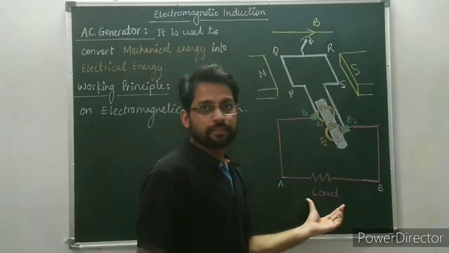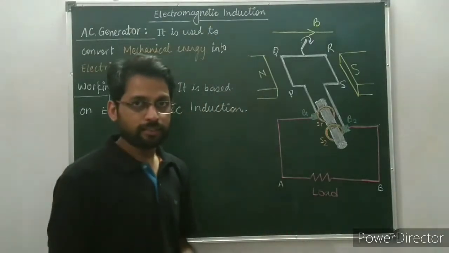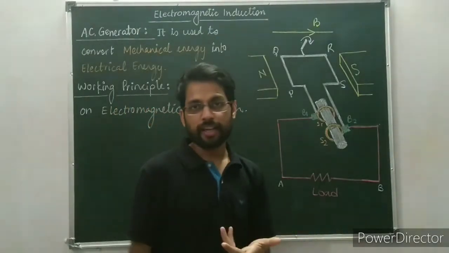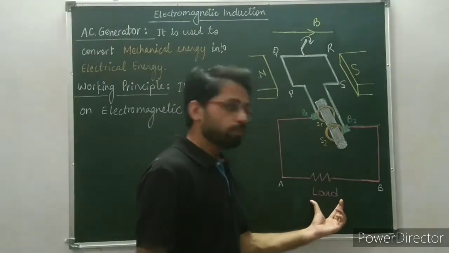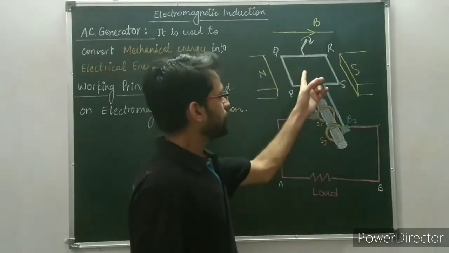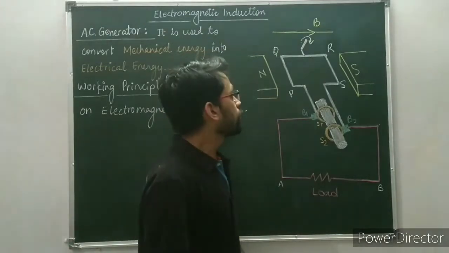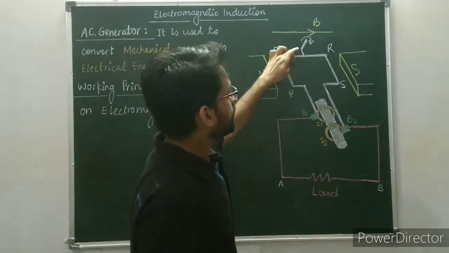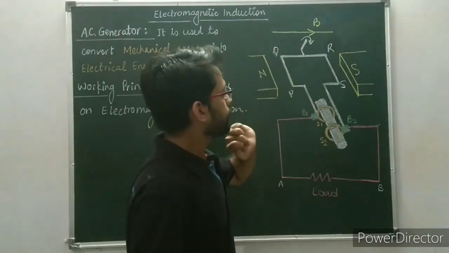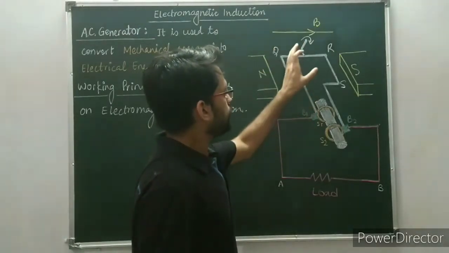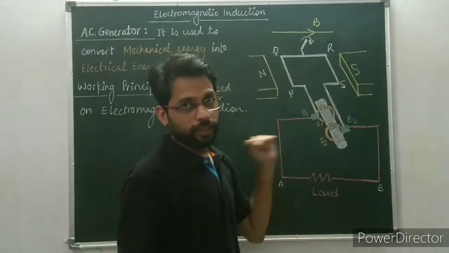Load is a kind of appliance like hair dryer, fan, tube light, anything which you want to power up through this generator. And there is a handle attached to the coil which is used to rotate the coil.